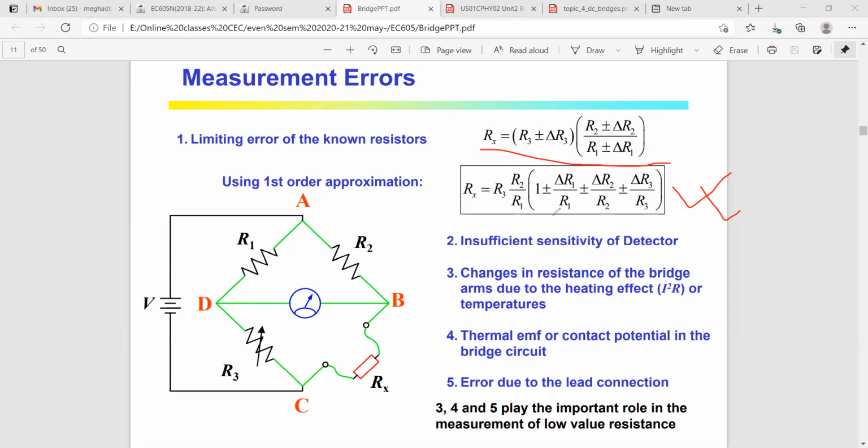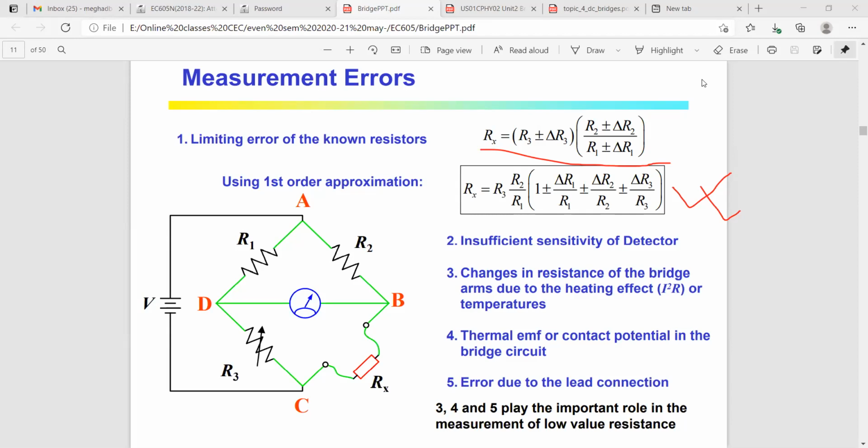Rx equals R3 R2 by R1, times 1 plus del R1 by R1. Take down this formula in your copy. I'm dictating a problem and you will solve it. Just take down the problem. Am I audible clearly? Yes, ma'am. Okay, take down the problem.